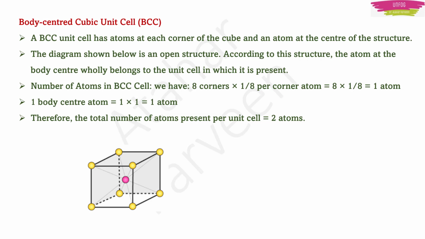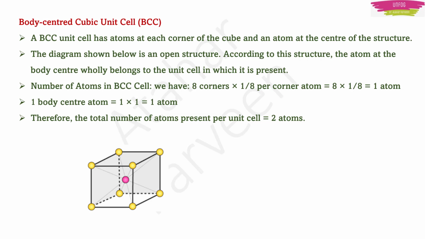And according to this structure, the atom of the body center will wholly belong to the unit cell. Correct? So inside the unit cell, it is in the middle of the box. Means no other unit cell will ask for this atom, right? So this atom is not shared by any other unit cell. It is wholly belonging to that particular unit cell. So we have that one atom here.